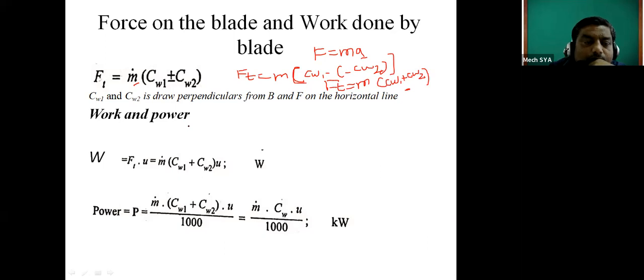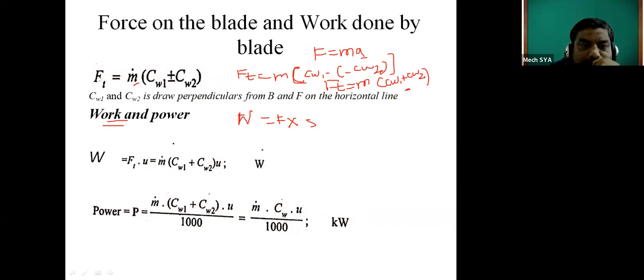Now the work and power. Work is equal to Ft into u. We know that work is equal to force into displacement, and displacement divided by time is equal to velocity, so therefore we get power.